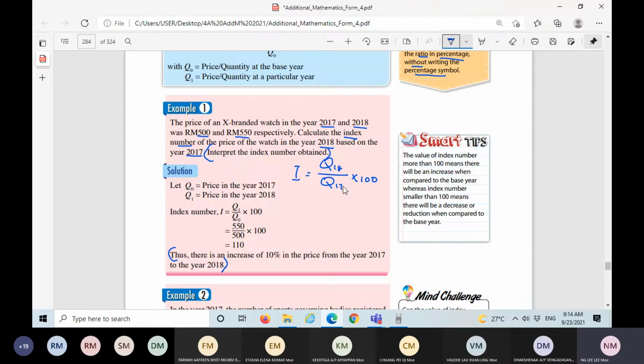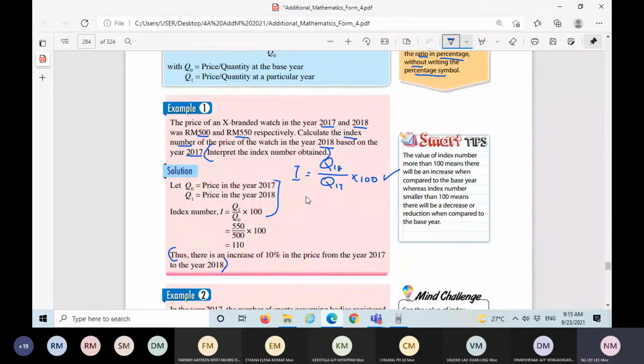This is very important because when the question becomes more complicated, maybe it involves 3 years. So my suggestion is, instead of doing it the short way, it's better you write this way so that you know what is this and what is this. This is the year 18 price, this is the year 17 price.